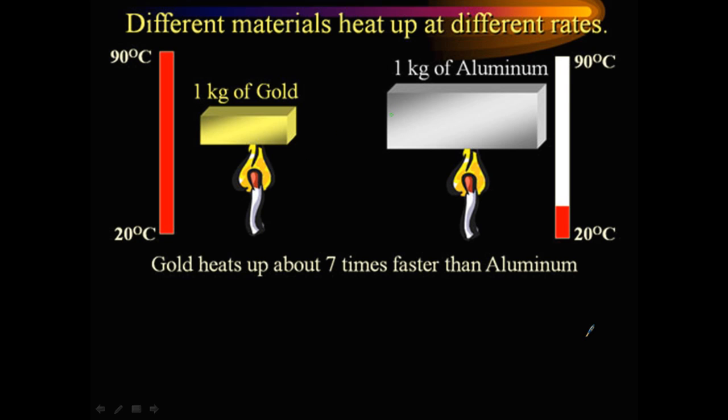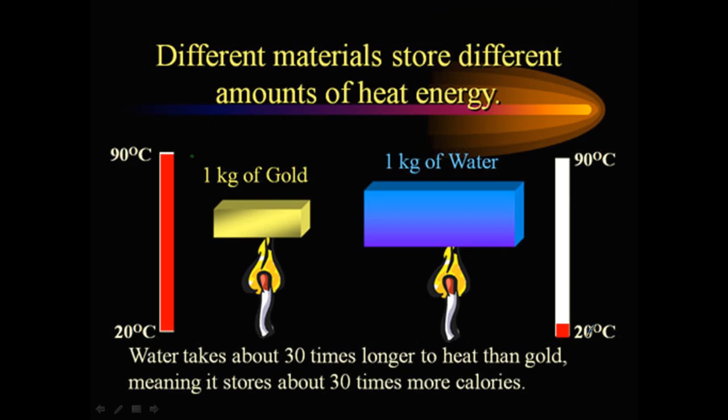You can actually, I do this all the time, I don't recommend it, unless you're crazy, put a baked potato in an oven, wrap it in aluminum foil, and I can just grab that potato right out of the oven when it's done, because that aluminum foil has very high specific heat, so it's not nearly as hot as the potato inside of it. Got to be quick though, because that aluminum also transfers heat very fast. So back to this. This gold heats up a lot faster, and all the molecules are moving a lot faster than this aluminum because it has a lower specific heat. Requires less thermal energy to heat up.